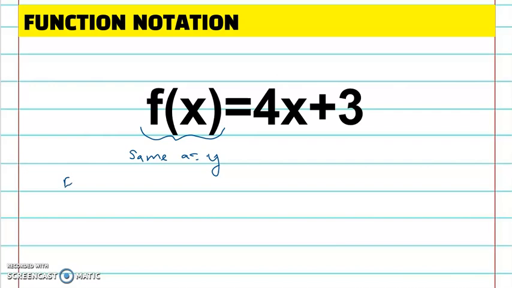Different ways that people read this: f of x, which is real shorthand, a real quick way to say it. A little bit longer, people can say function of x. More specifically, we can say y as a function of x.